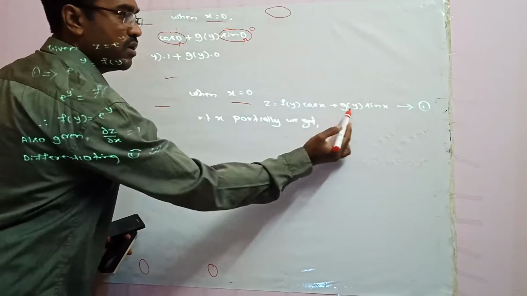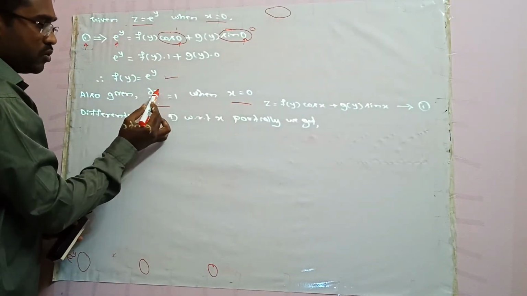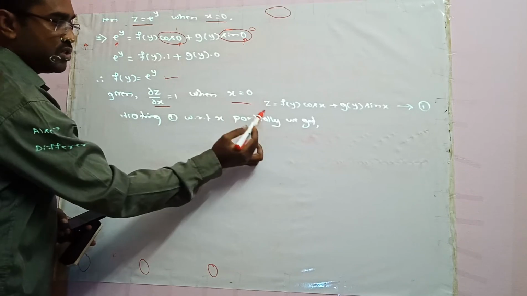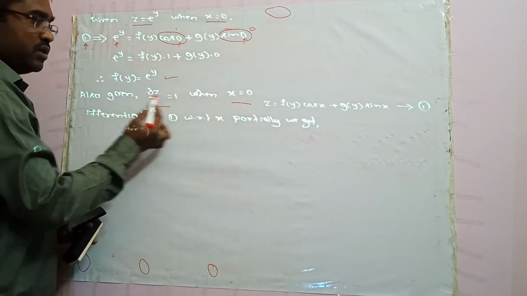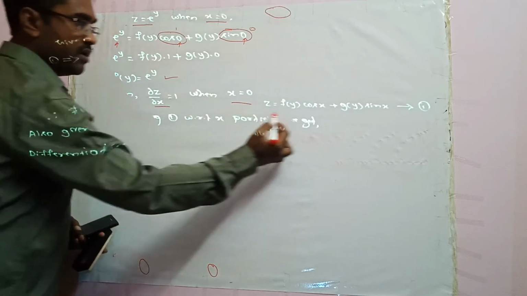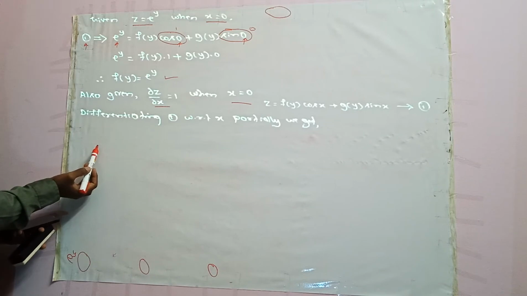This is equation 1. To create dou z by dou x, we need to differentiate z partially with respect to x, so that we can use this condition. Let us differentiate this now. Differentiation of z is dou z by dou x.